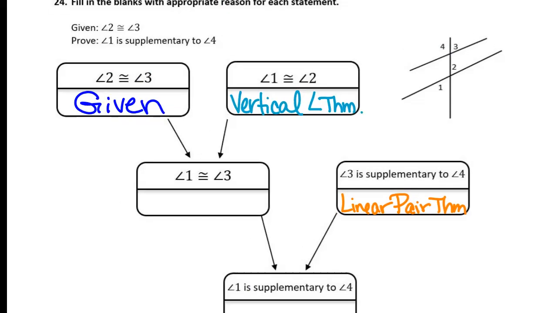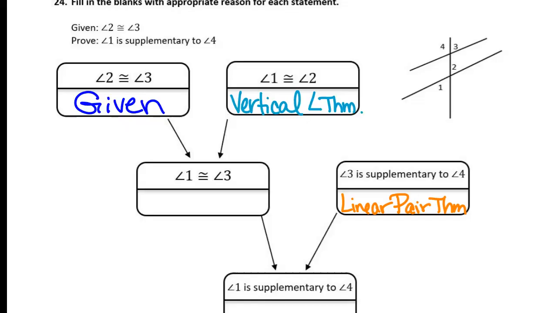All right. It says I'm going to use this box and this box to make this statement down here. So pick one of the boxes. What stayed the same between these two? 3. 3 stayed on the right. What changed between these two? 2 got swapped out for what?